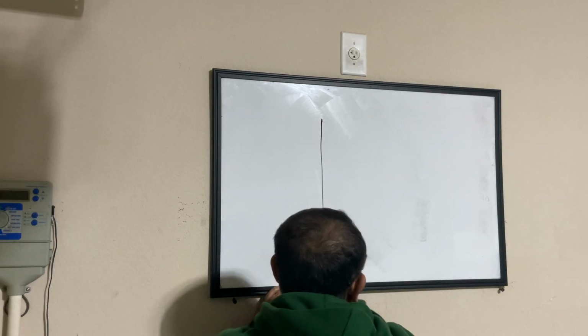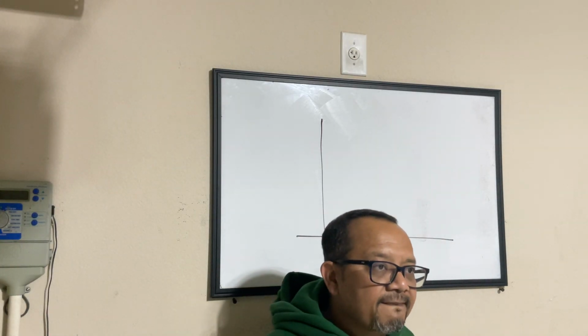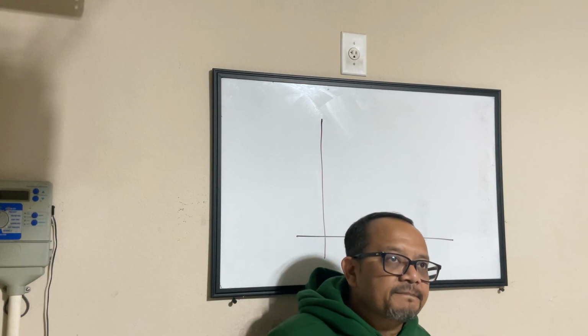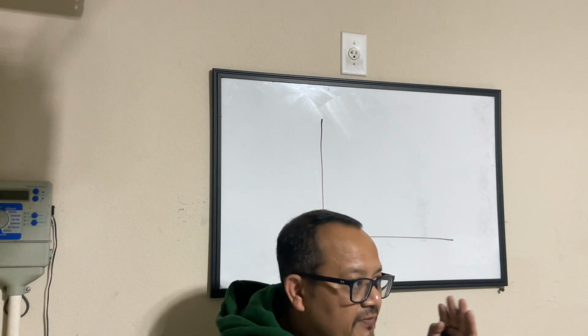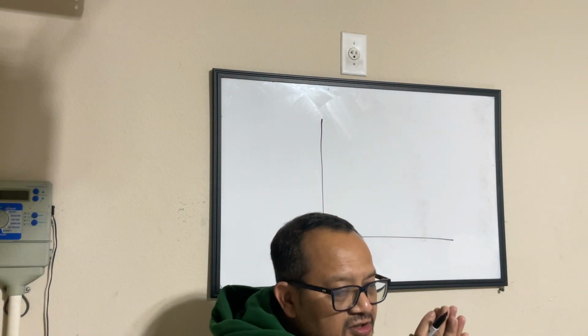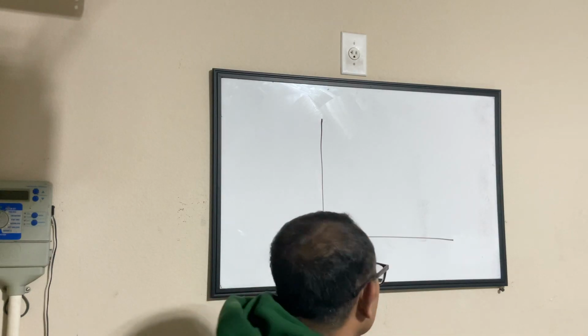Bye. Yep, sorry. So the other one is called bar chart. Now let's look at a data. Let's talk about a situation where we are talking about the maximum temperature in McKinney in the last 7 days.